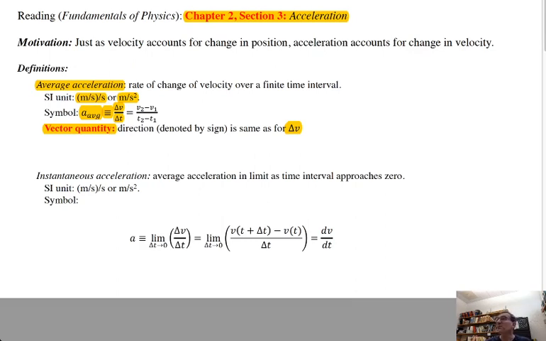Or we tell you V2 and ask for V1. It all just boils down to using that formula, which is the definition of average acceleration. There's really not much else you can do.